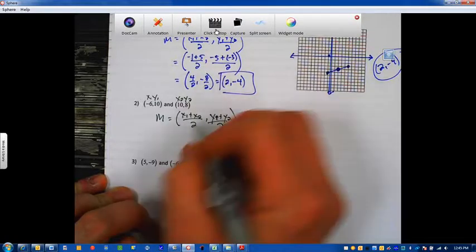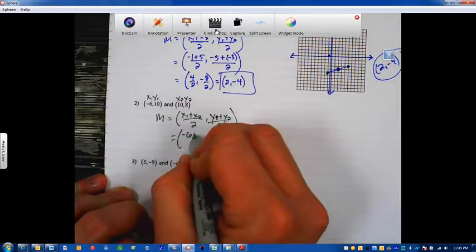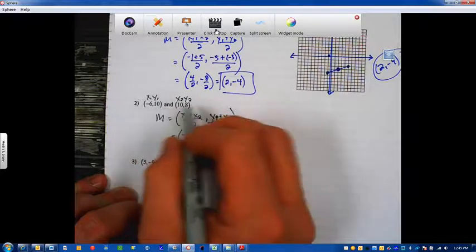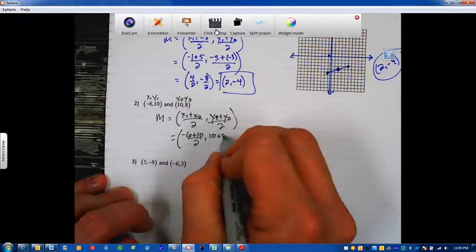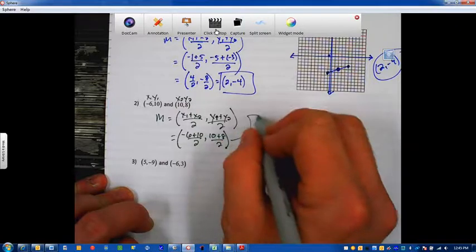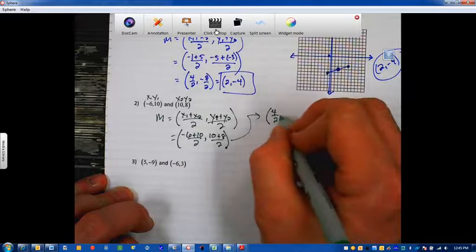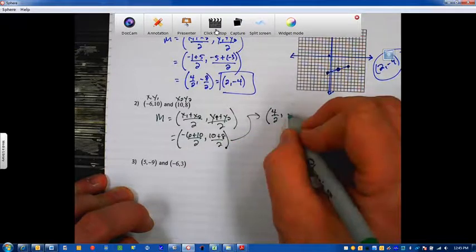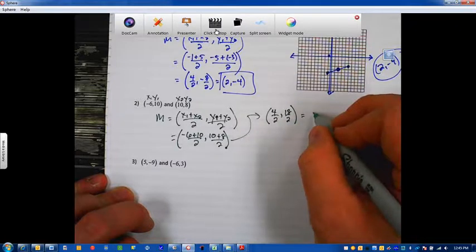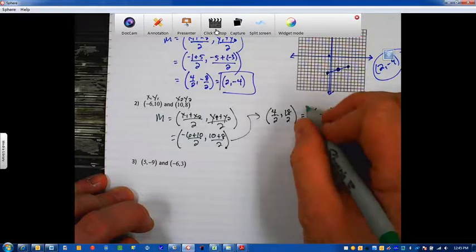In this case, that's going to be negative 6 plus 10 over 2, comma, 10 plus 8 over 2. Okay? Simplifying, you end up with negative 6 plus 10 is 4 over 2, comma, 10 plus 8 is 18 over 2, which is actually going to be the coordinates 2, 9, and those are the coordinates that we need.